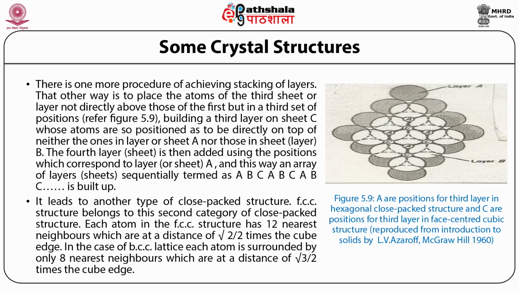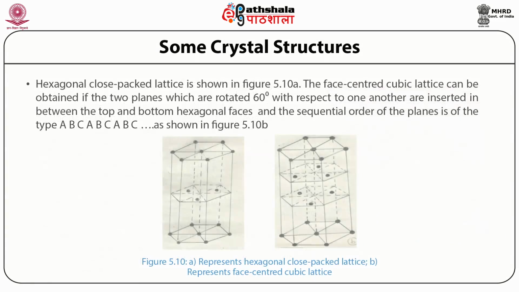Each atom in the FCC structure has 12 nearest neighbors which are at a distance of root 2 by 2 times the cube edge. In the case of BCC lattice, each atom is surrounded by only 8 nearest neighbors, which are at a distance of root 3 by 2 times the cube edge. Hexagonal close-packed lattice is shown in figure 5.10a.